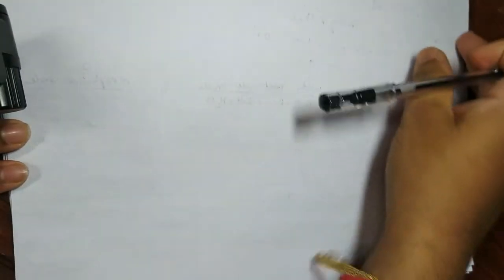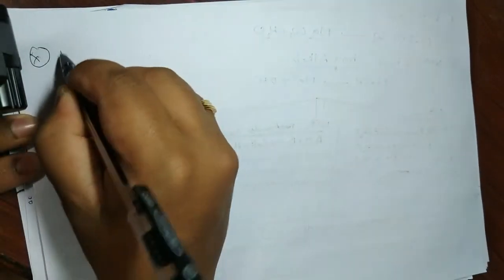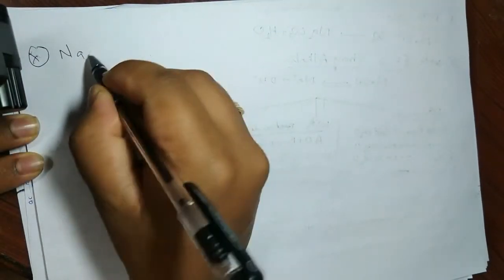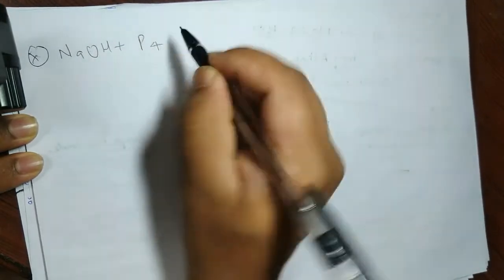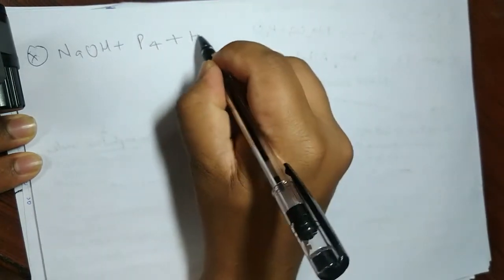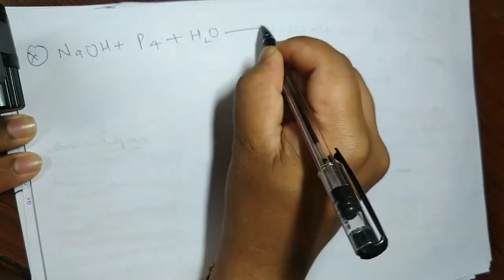Now with phosphorus. With phosphorus, what do you observe? Same, NaOH plus P4. In fact, in the presence of water we have an aqueous form.